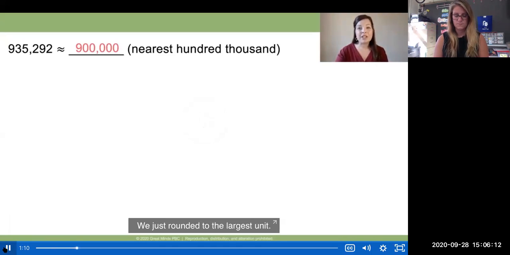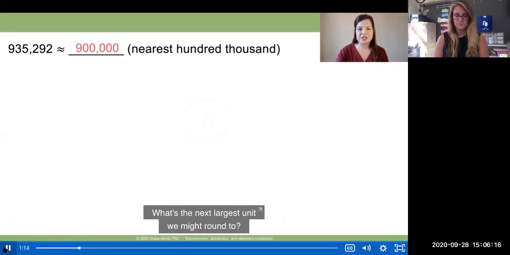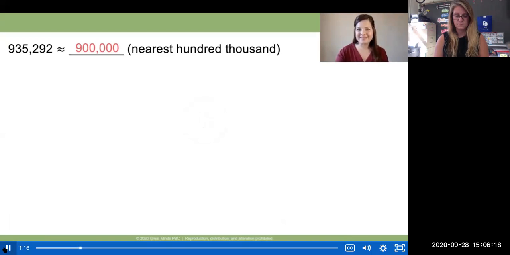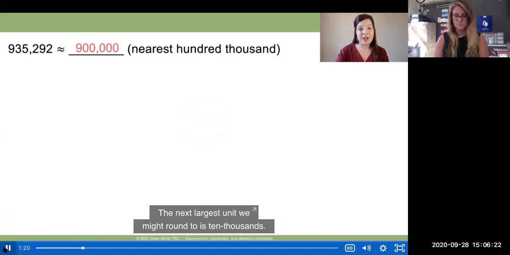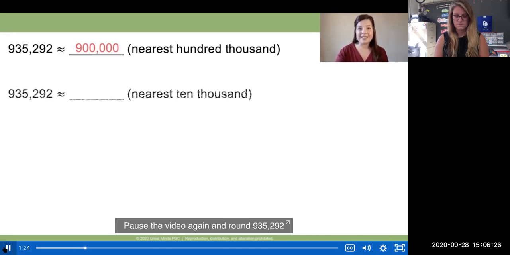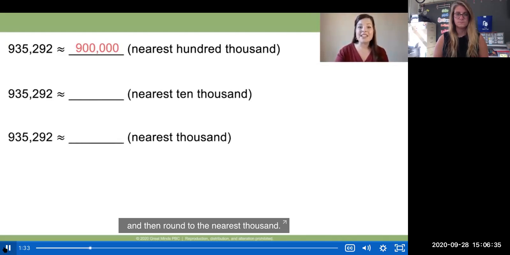We just rounded to the largest unit. What's the next largest unit we might round to? The next largest unit we might round to is 10,000s. Pause the video again and round 935,292 to the nearest 10,000 and then round to the nearest 1,000.